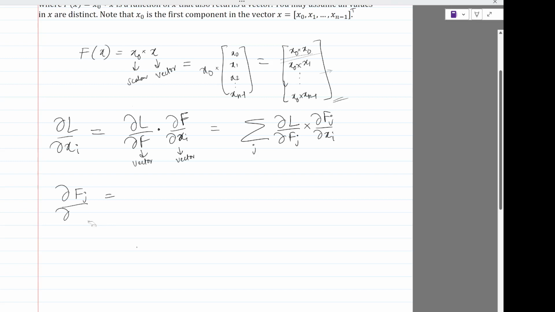If I say this as x0, for x0 this will be 2x naught for j equal to 0, and it will be x1 for j not equal to 0, or xj, right? Because except for x0, everywhere there is x1, x2 or xj into x0.